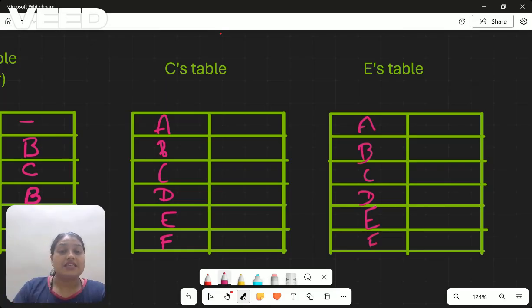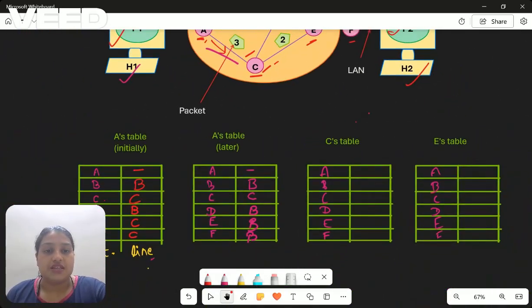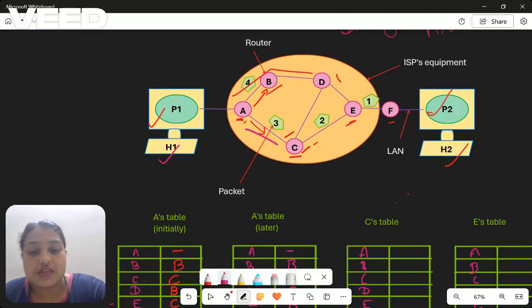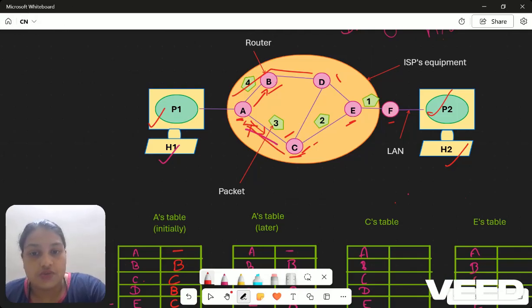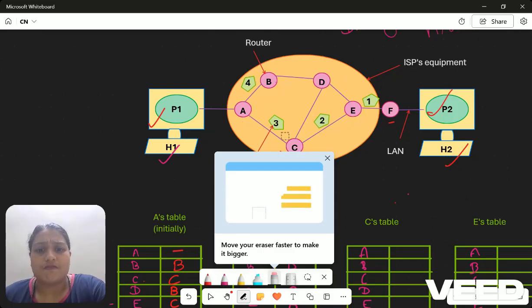So here it is C stable. So we are looking at it in relation with C. So the packet is starting from C. Okay. So C to A. It is going like this. C to A. Okay.